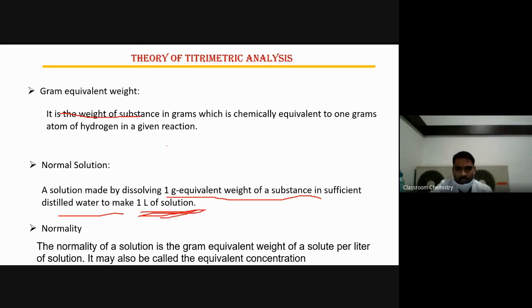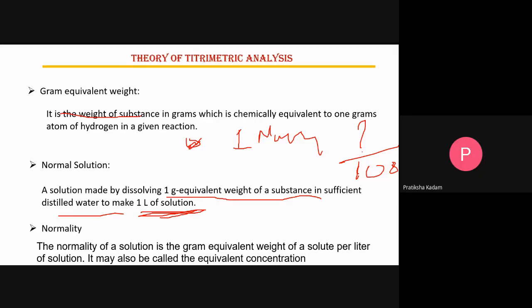If we want to prepare 1 normal NaOH, in how much quantity? 1000 ml quantity. What is the weight taken for it? 40 gram.